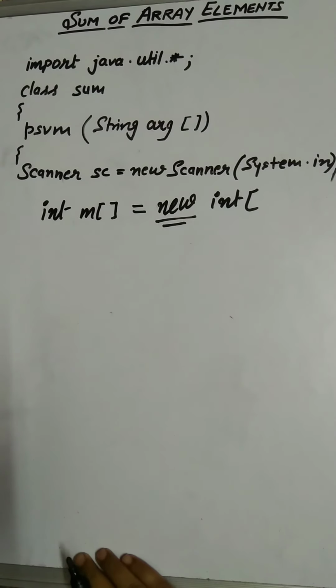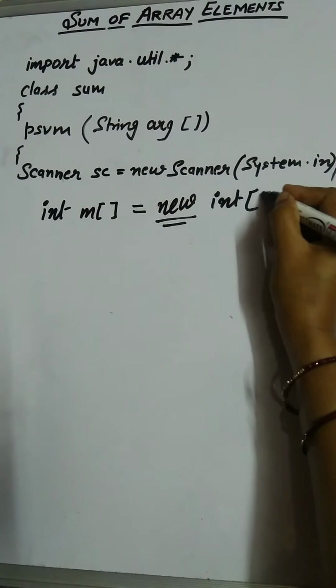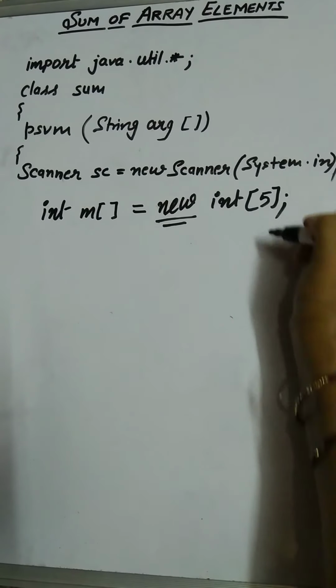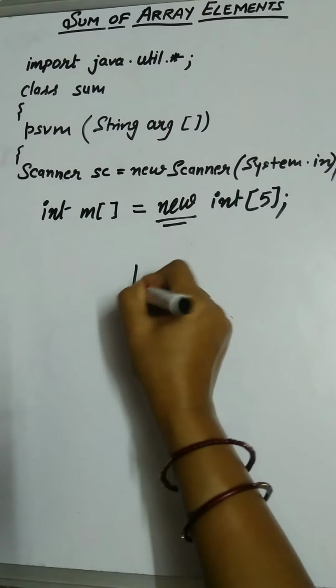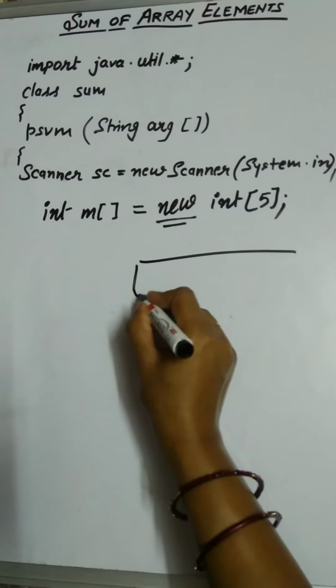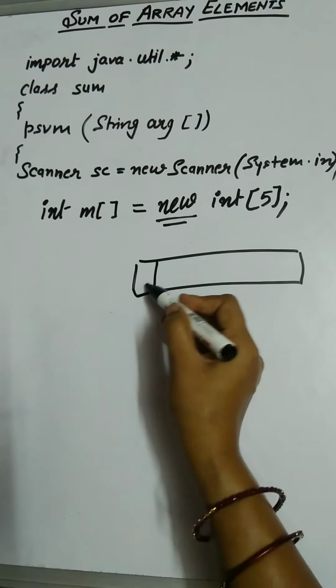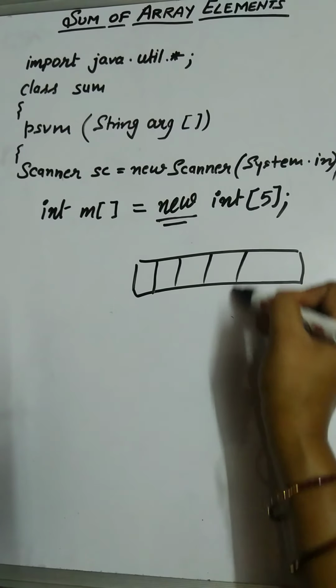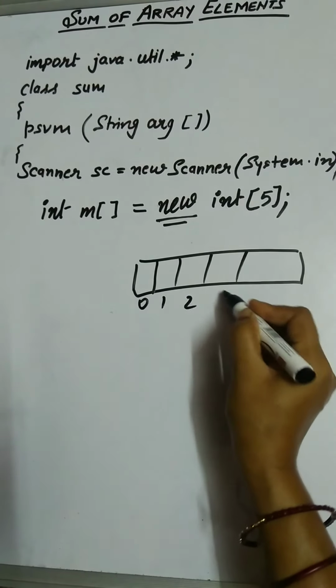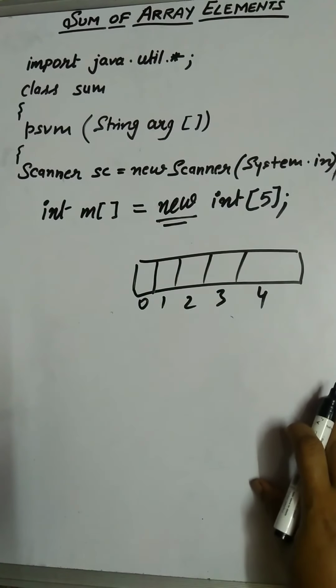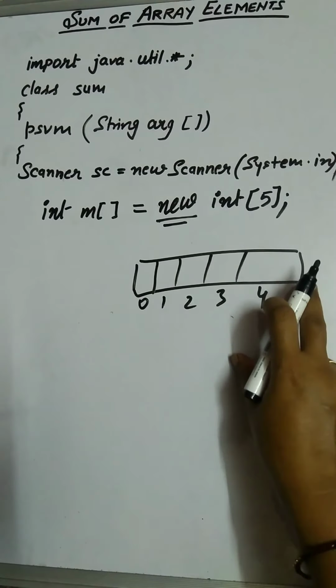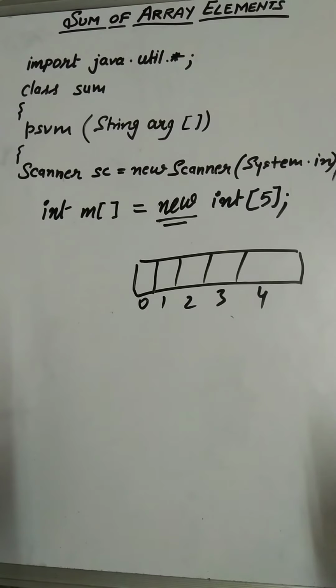What is the size of the array? Suppose I am taking 5 here. In memory it will be stored like this: 5 columns, with indexes 0 1 2 3 4. Indexes 0 to 4 mean it will store 5 elements.